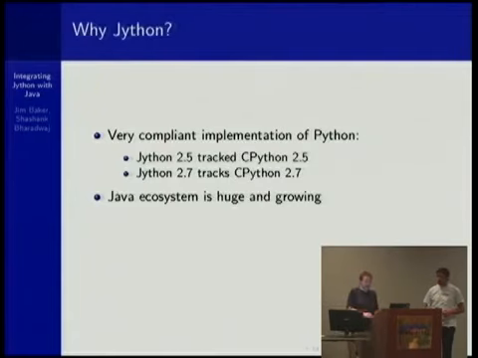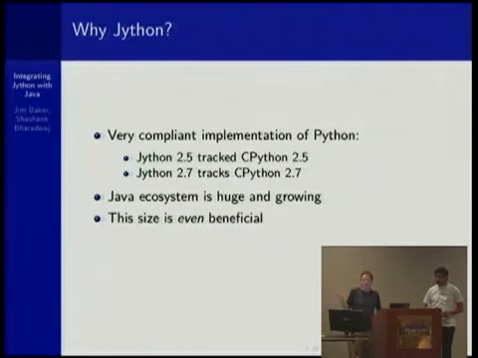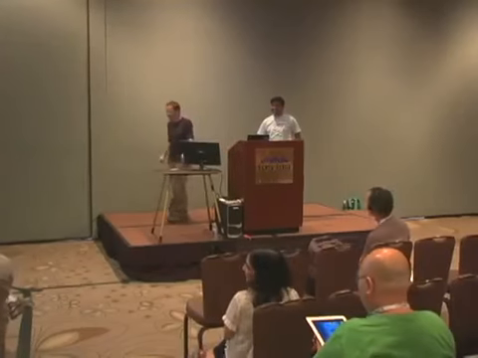The Java ecosystem is huge and growing, and this size is even beneficial. I mean, yes, there's a lot of cruft out there in the Java ecosystem, but there's a lot of good stuff. There's always someone. So I think one of the informal mottos of the Jython project is we write Java so you don't have to.